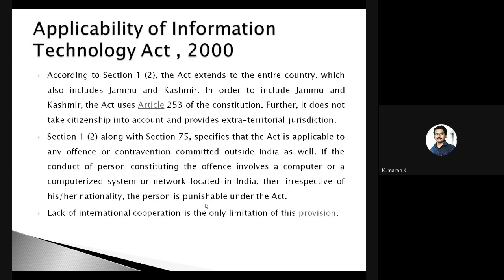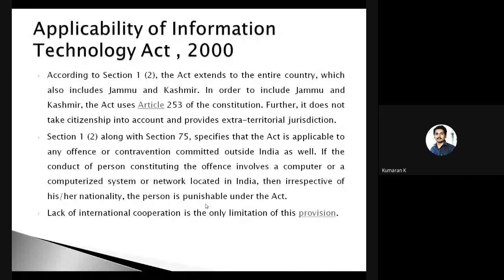And also, if any person commits an offense against our nation, but the nationality of the person is not India. Crimes happen in India, but the persons involved may be from other nations.